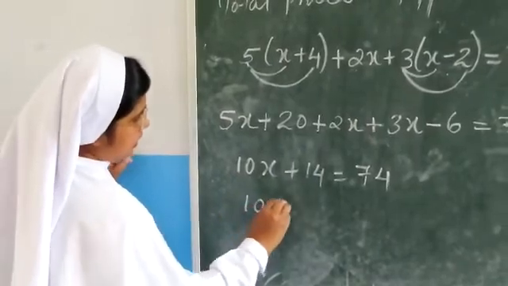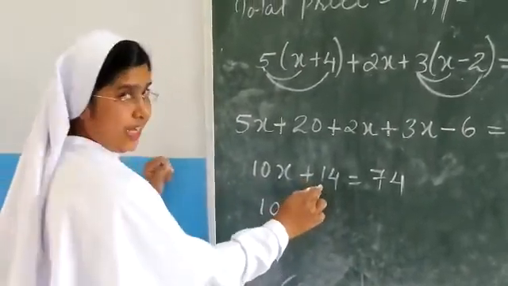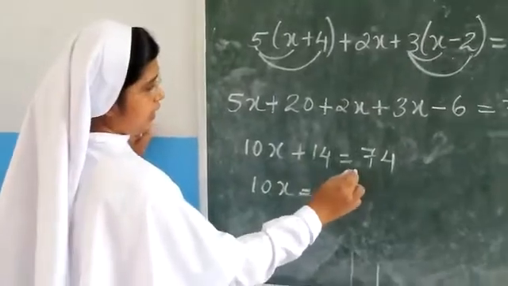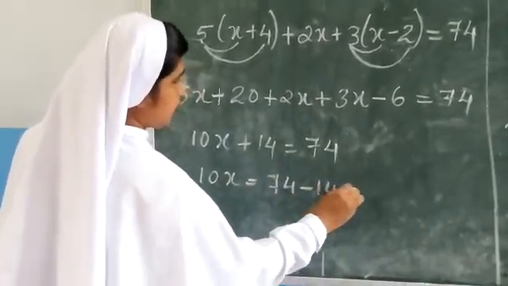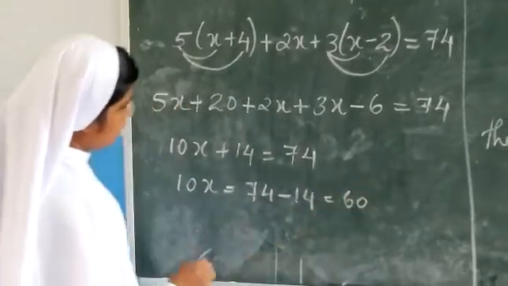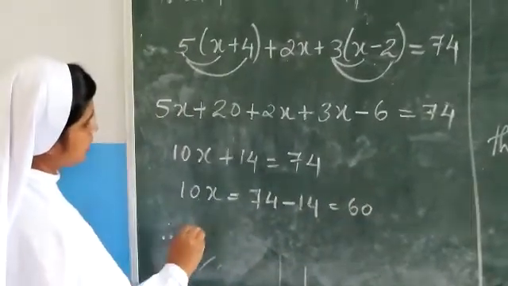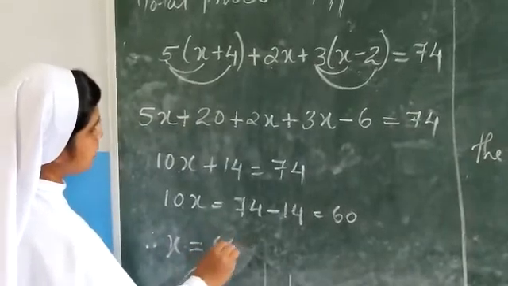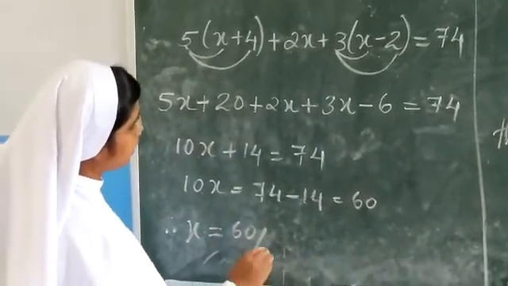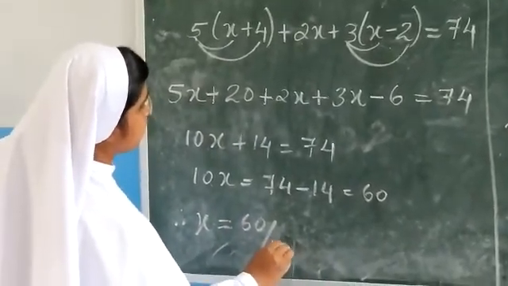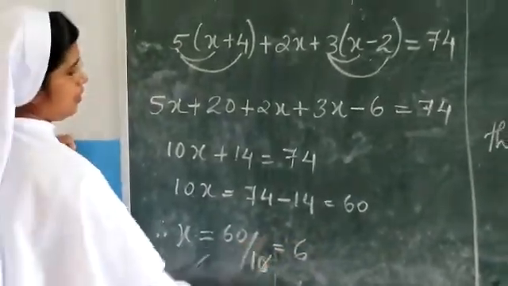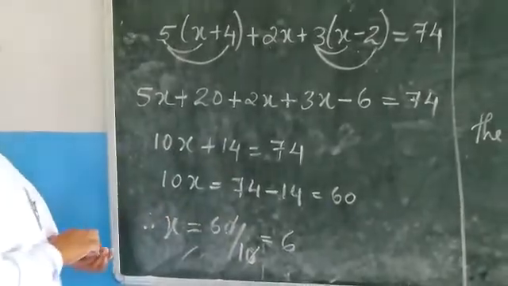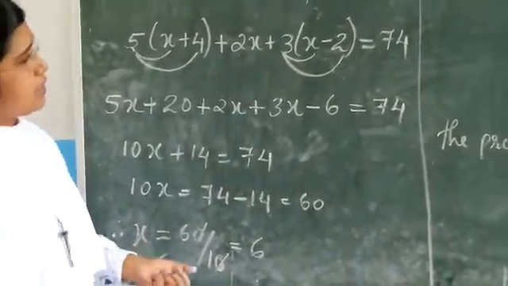Now 10x is equal to, this 14 constant I am taking to the other side, 74 minus 14. That is equal to how much? 60. Therefore, x is equal to 60 divided by 10, that is equal to 6. Okay? You will get 6. x is equal to 6.